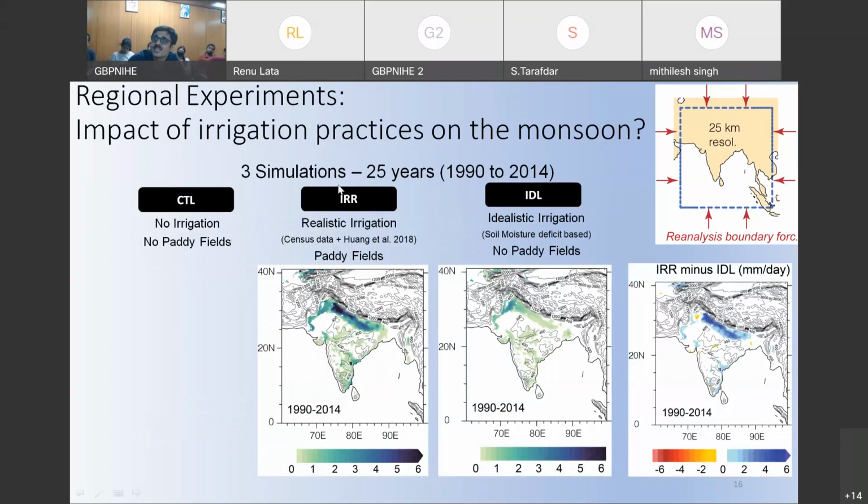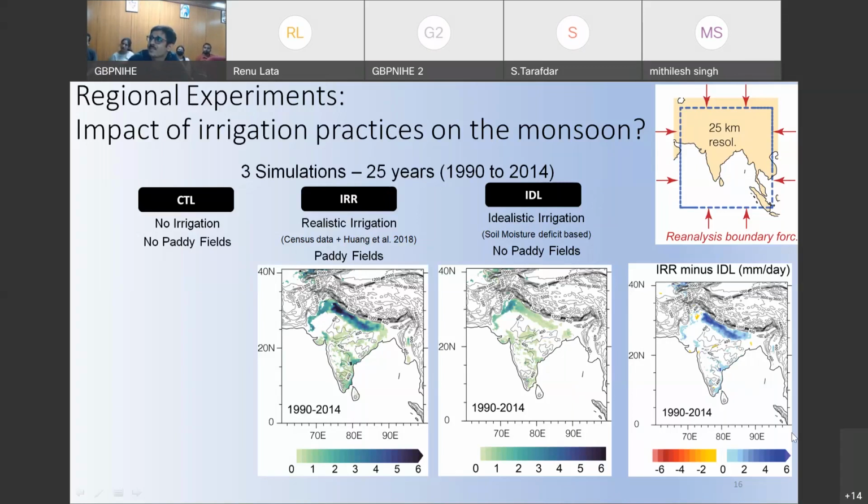The second one is the realistic condition, where we collected the irrigation data from agricultural sensors and used the paddy fields and ran the model. And the third one is the idealistic irrigation, if you pick up blindly from one of the Western country models. So if you do the real condition, IRR minus the idealistic condition, which is typically taken from a Western model, then you'll see a lot of difference in the irrigation.